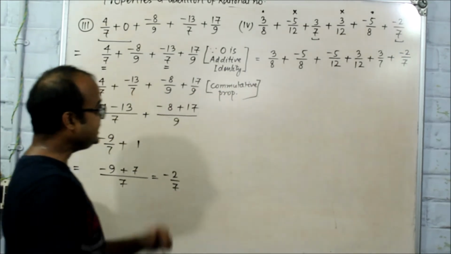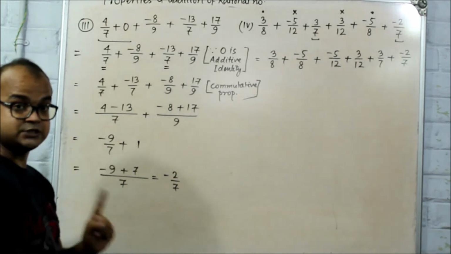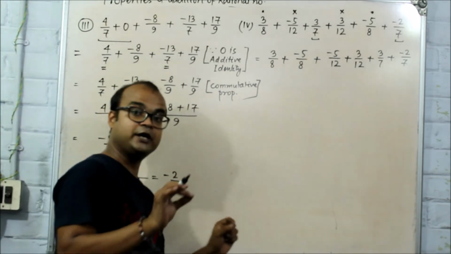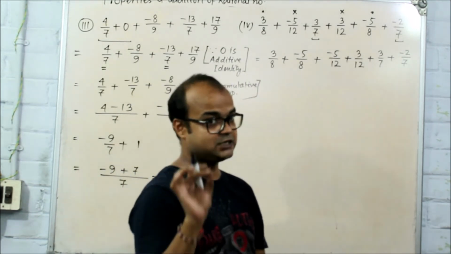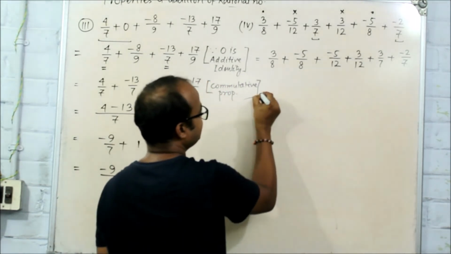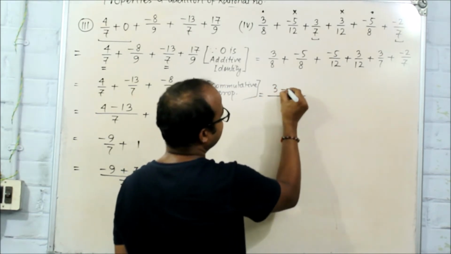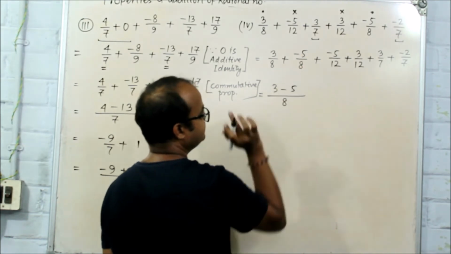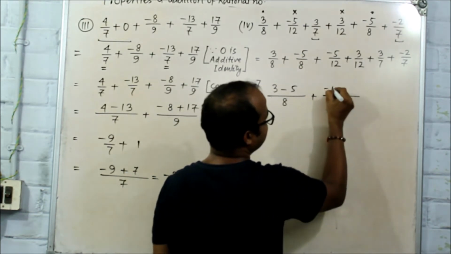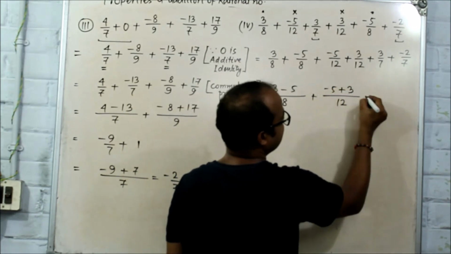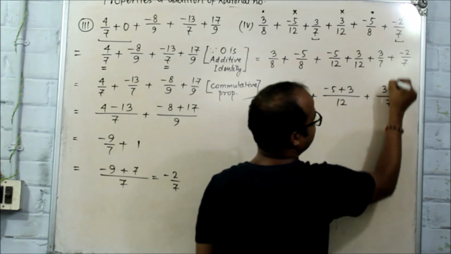And one thing again I am reminding you, I have not applied sign changes. I stick to the point that we are using the properties of addition in case of rational numbers. 3 minus 5 plus minus 5 plus 3 over 12, 3 plus minus 2 over 7.